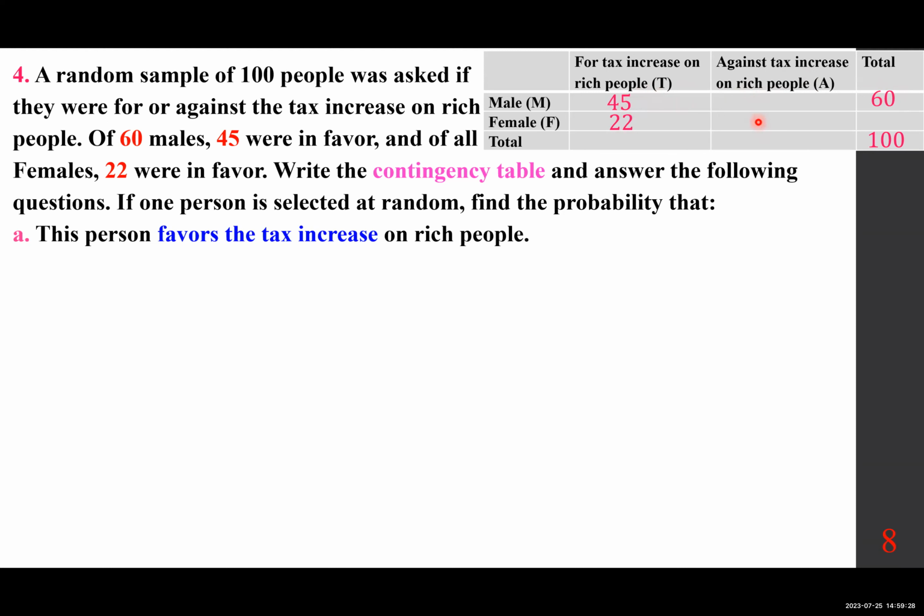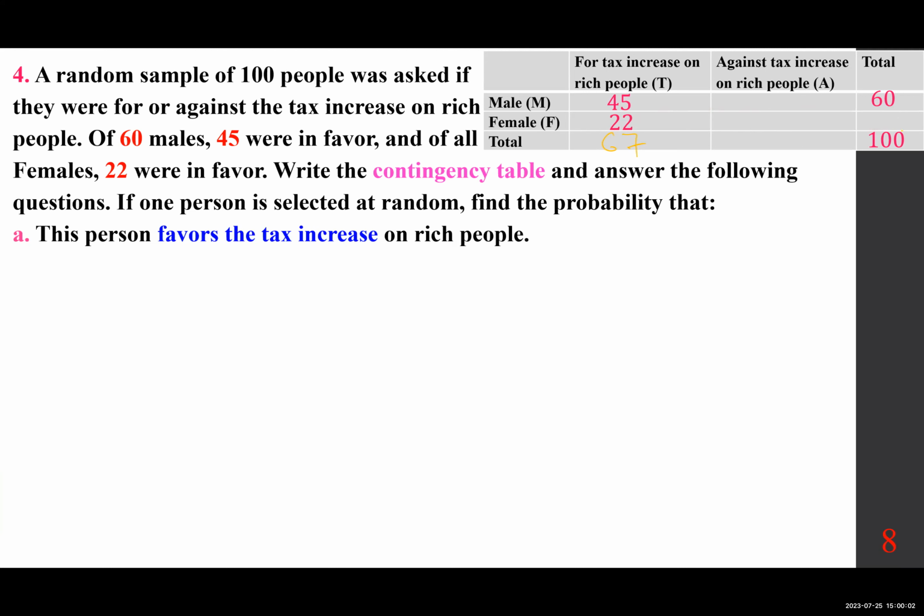What about here? Well, first let's figure out this one. 60 with what number is 100? Because the total is 100, this number becomes 40. 60 plus 40 is 100. Now this is 40. This is 22. This must be 18, right? 40 minus 22 is 18. Let me write it and then I erase it. So first add these two, 67.